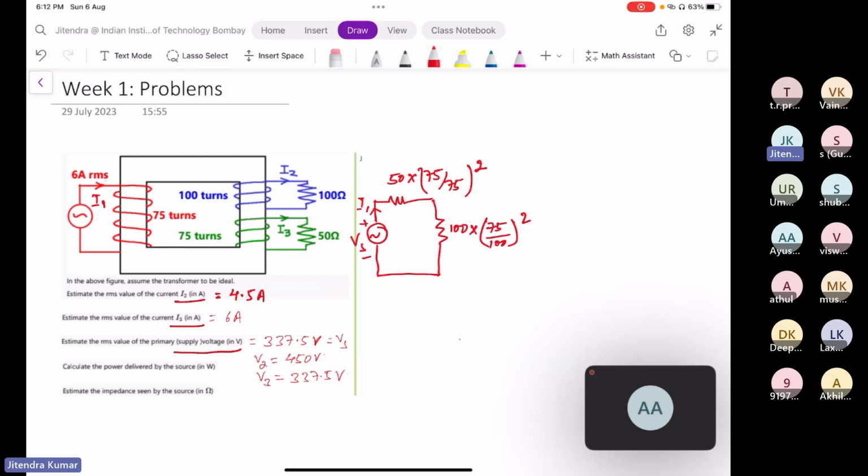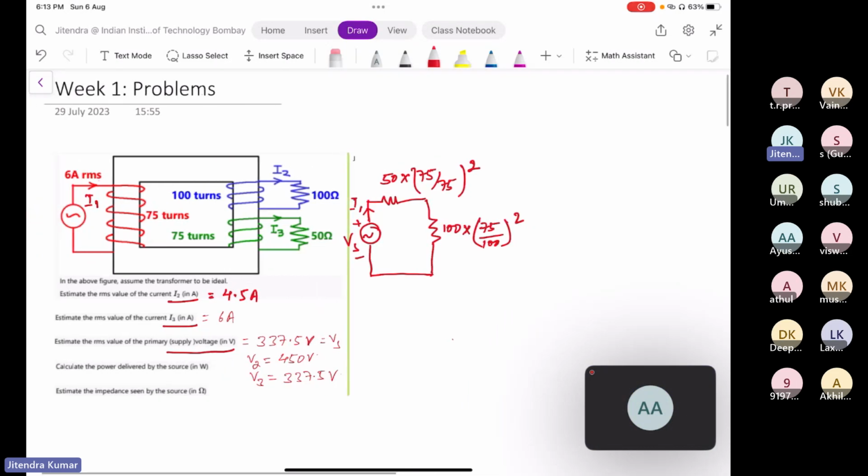So the equivalent circuit, I don't think it will help in finding I2. Will it help? No, sir. So in that case, we have to fabricate two equations, and then manipulate them, and then we will be able to find out the value of I2.